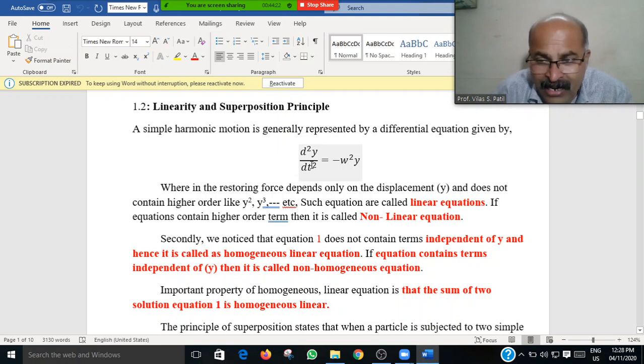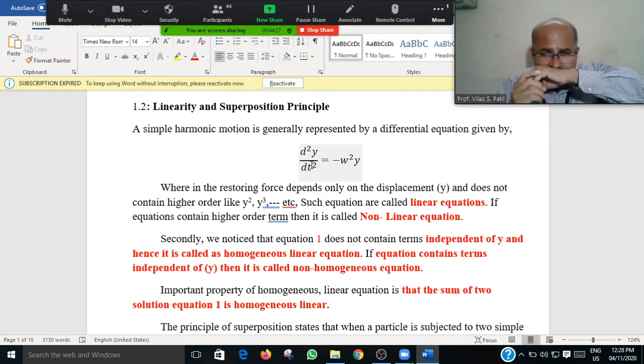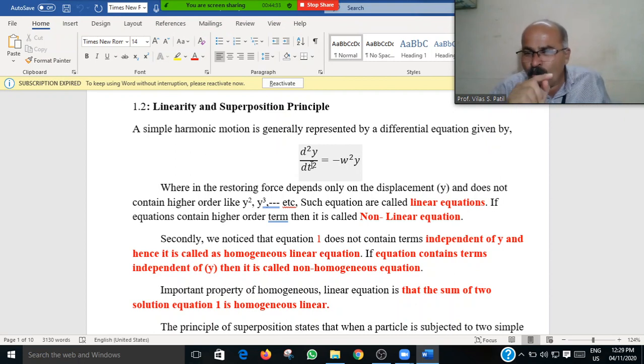आणि if the variable term is dependent, then that equation is known as a homogeneous equation. Why is the above equation homogeneous and linear?